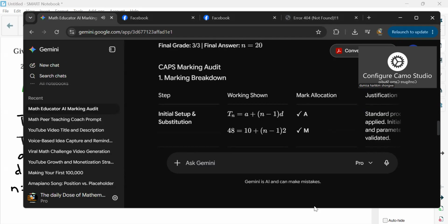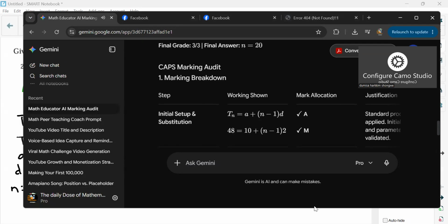2. Corrective feedback. Your final answer is perfectly accurate. The underlying algebraic transformation correctly isolates n, rendering the correct value without logical flaws. The sequence of transposing constants and dividing by the coefficient is mathematically sound. 3. CAPS and formal notation compliance. Terminology. Correct selection of the general term formula. Notation.